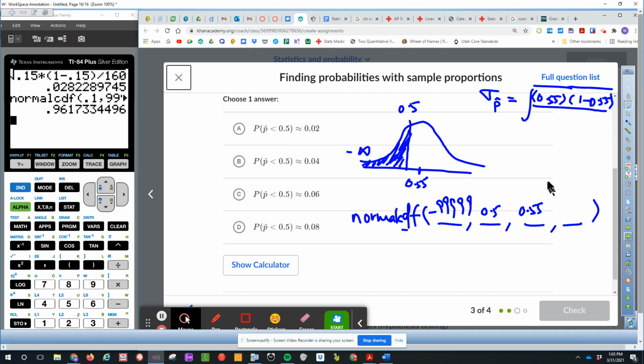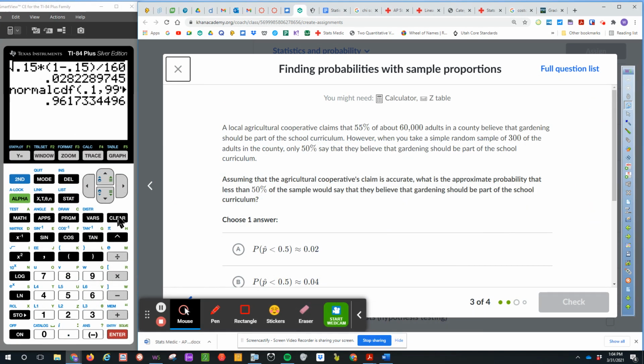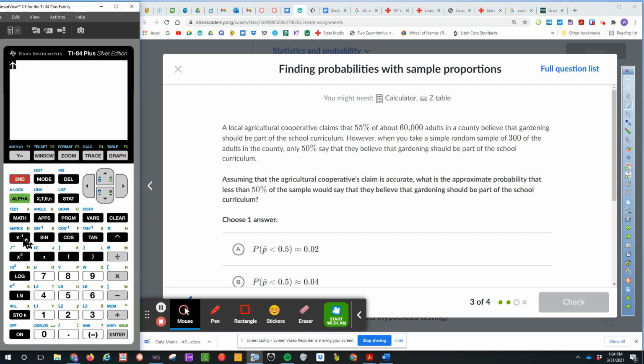Okay. So 300. If you put this on your calculator, I clear this, I press second to get the square root sign, so square root of 0.55 times 1 minus 0.55, and then divided by 300.